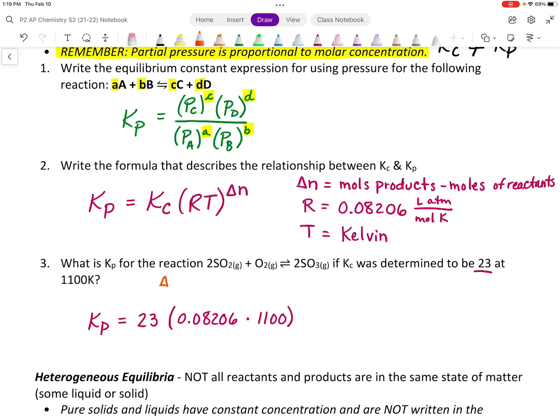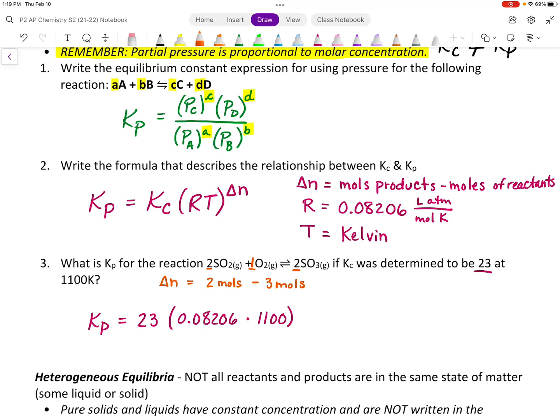So for our delta n, our products have 2 moles of gas, 2 total moles of gas. So we're going to say 2 moles minus, and we have 1 mole of oxygen and 2 moles of the sulfur dioxide, and so that's going to give us a total of 3 moles.